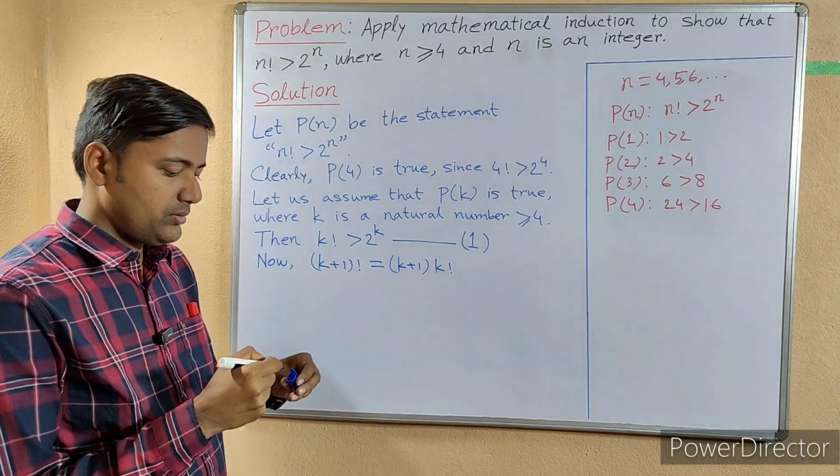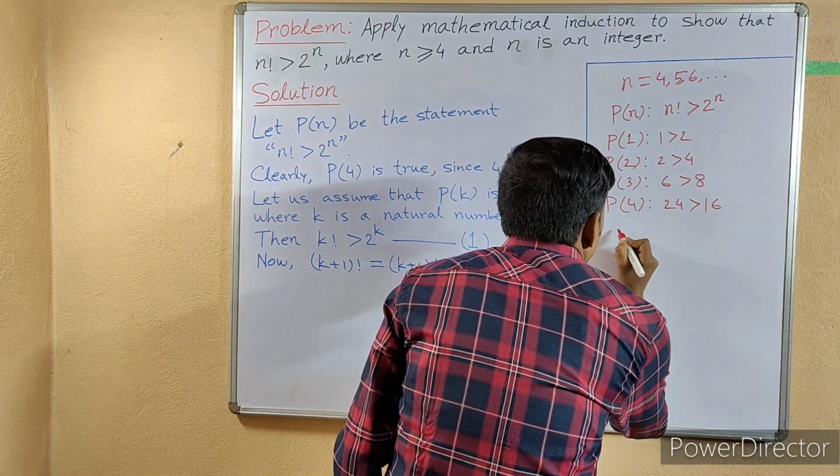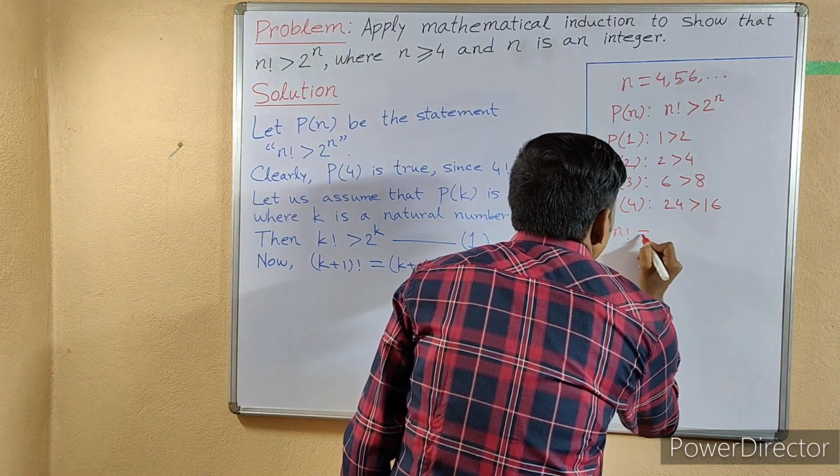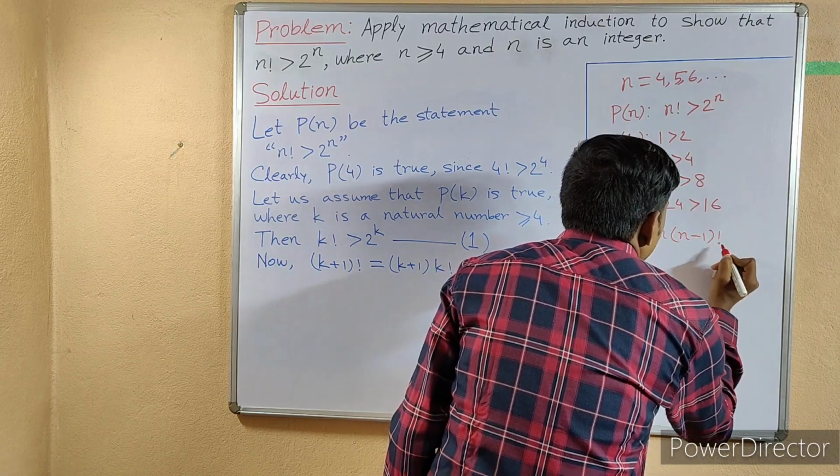Can we say this? We know that factorial n equal to n into n minus 1 factorial.